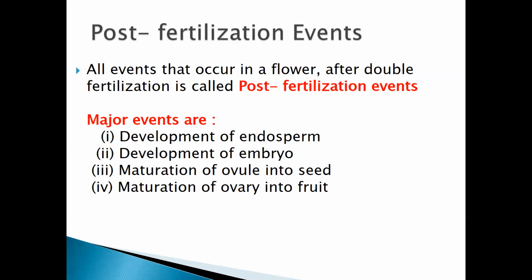Development of endosperm, first one. Development of endosperm, development of embryo, maturation of ovule into seed, maturation of ovary into fruit. And you know endosperm is a nutritive tissue. Development of embryo: once the zygote develops into an embryo, how embryogenesis, the development of the embryo, takes place.